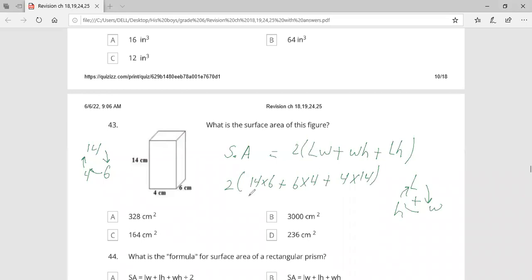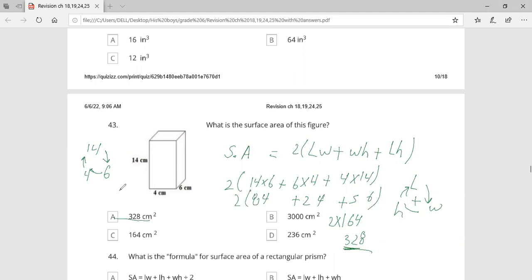We just multiply, and after that add and multiply by 2. 6 multiplied by 4 is 24, plus 14 times 6 is 84, 4 times 14 is 56. If you add them, here is 164, multiply by 2, here is 328. Here is the answer. How to get it?